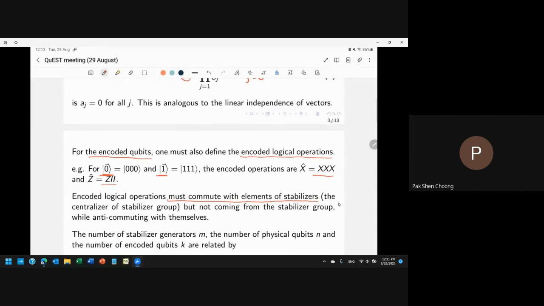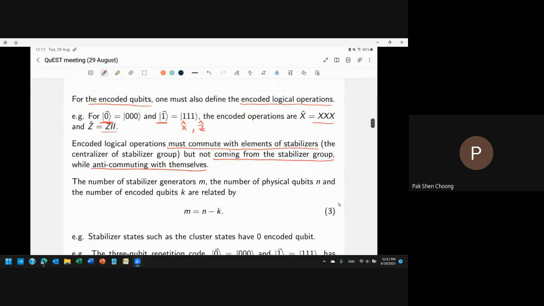But they cannot come from the stabilizer group, because if they did, it means the operations are trivial. And the third thing is, if we want to define our Pauli X and Pauli Z operations, we already know that they anti-commute. That's why this is the third property. These are the things we need to take note of when we define the encoded logical operations.